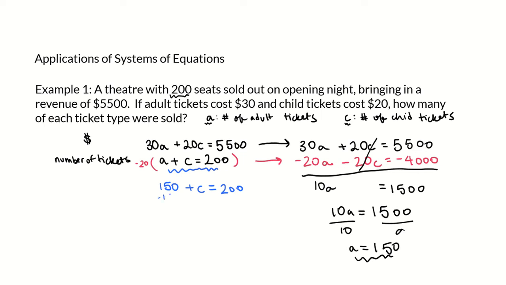To solve, subtract 150 from each side. And we get C equals 50. So this means that 150 adult tickets and 50 child tickets were sold.